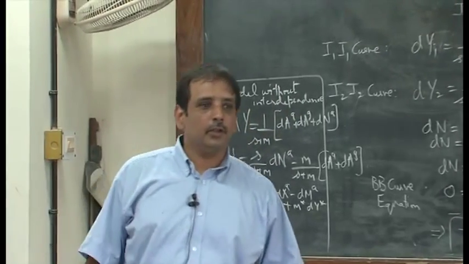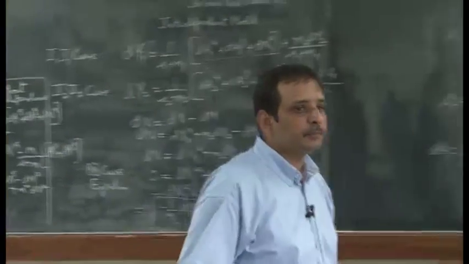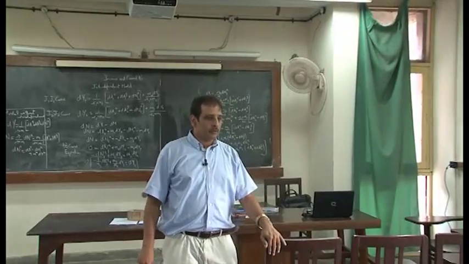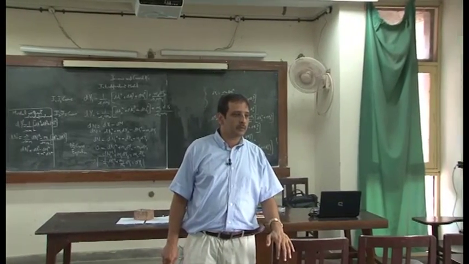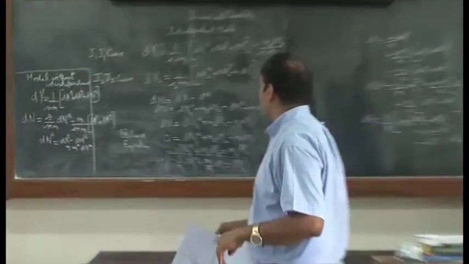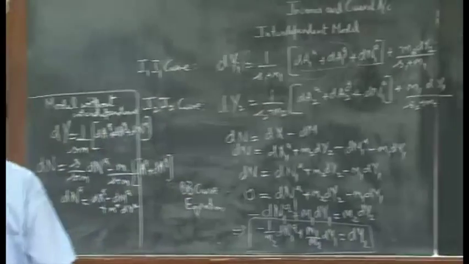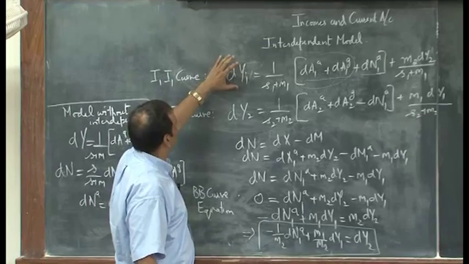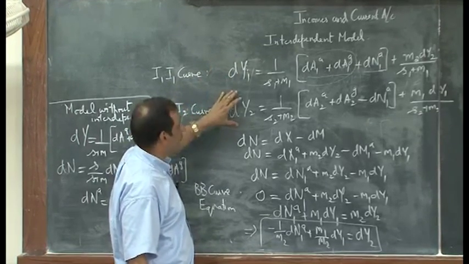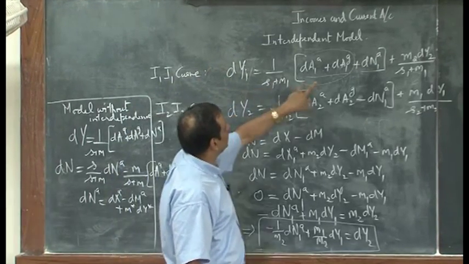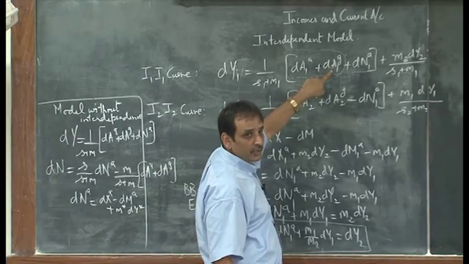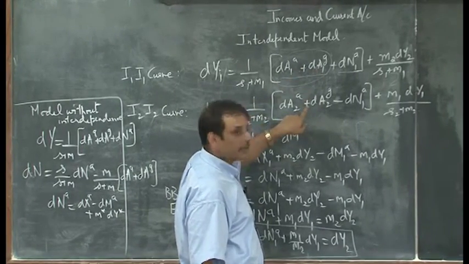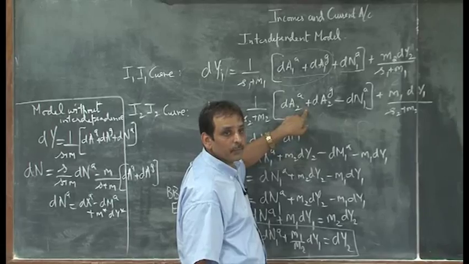Now the shock which is given, yes. In the first case, the I2, I2 will not shift, because the I1, I1 curve is this, the I2, I2 curve is this. So you can see that dA1A and dA1G are not here in the second equation.